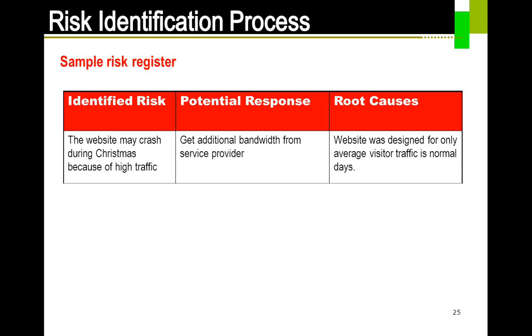That's a risk to the website itself. So now you can see, get additional bandwidth from the service provider when you are able to foresee the risk. You would be prepared. You would speak to your service provider and say that during the period of Christmas, maybe from December 15th to January 1st, I would like to have additional bandwidth, over 10 times what I have, and then you will be able to mitigate the risk.